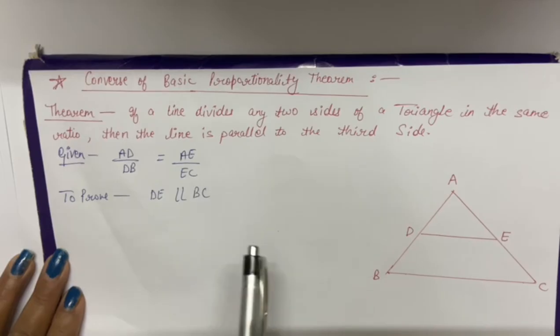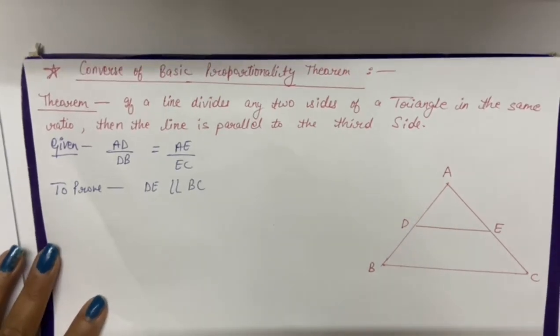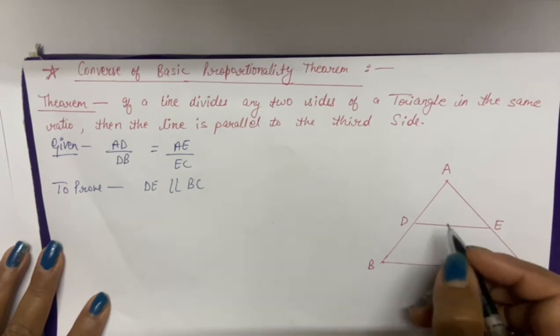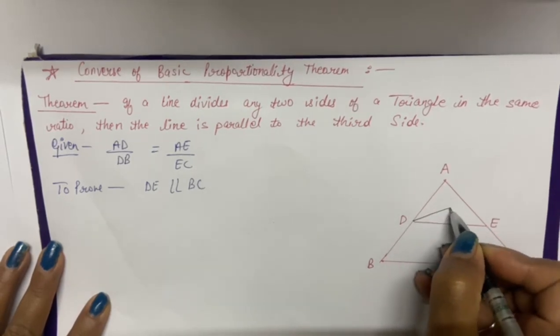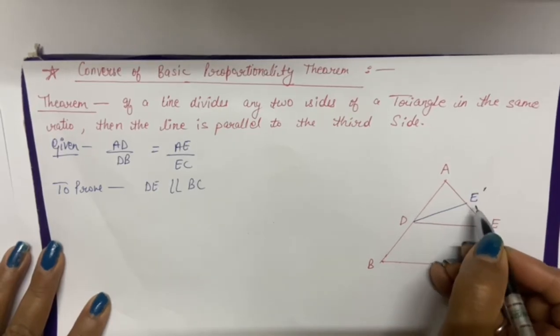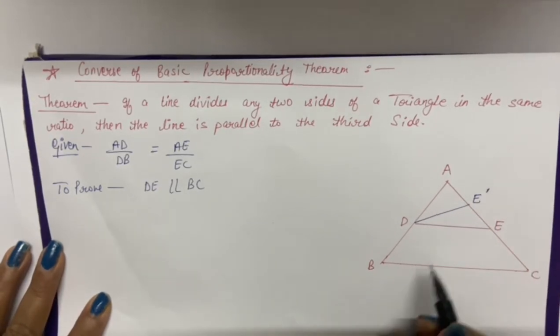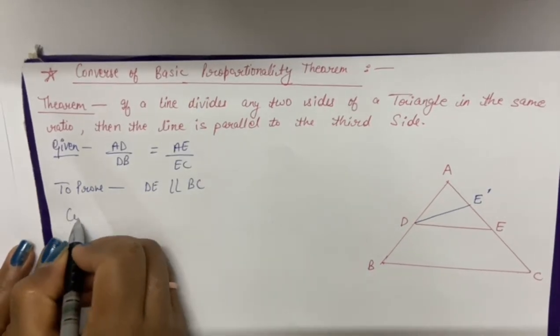Again, before proving it, we need to do some construction work, right? So here in this triangle, we will draw a line segment DE dash. We'll name it E dash, which is parallel to the third side BC. So here is the construction work.